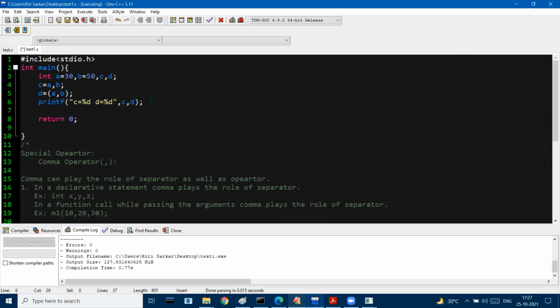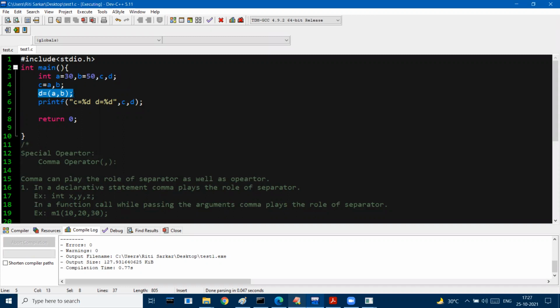Now you'll find it is very easy, sir. Come to this line, comma is visible. Operator or separator, guys? Sir, it is simply separator. Now, this line later. First, you concentrate on this line because as per our example discussion, this is very similar.